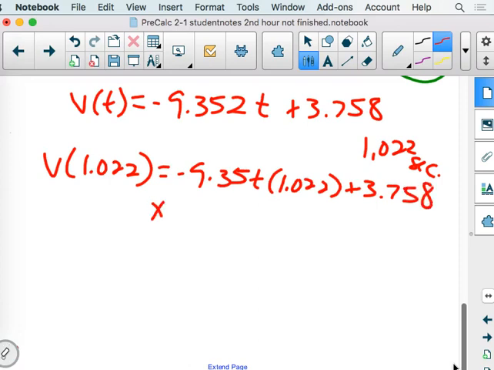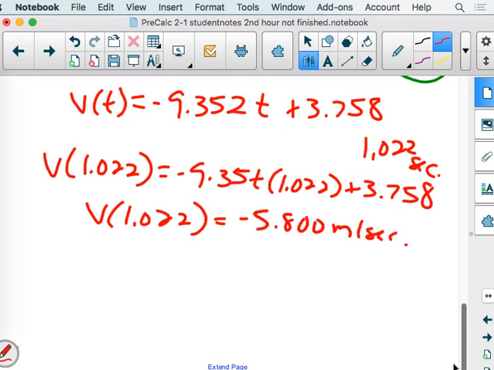And, oops, not X. I'll use the fancy notation here. That velocity came out to negative 5.800 meters per second. And I think that was just the last thing that the bell kind of rang on us.